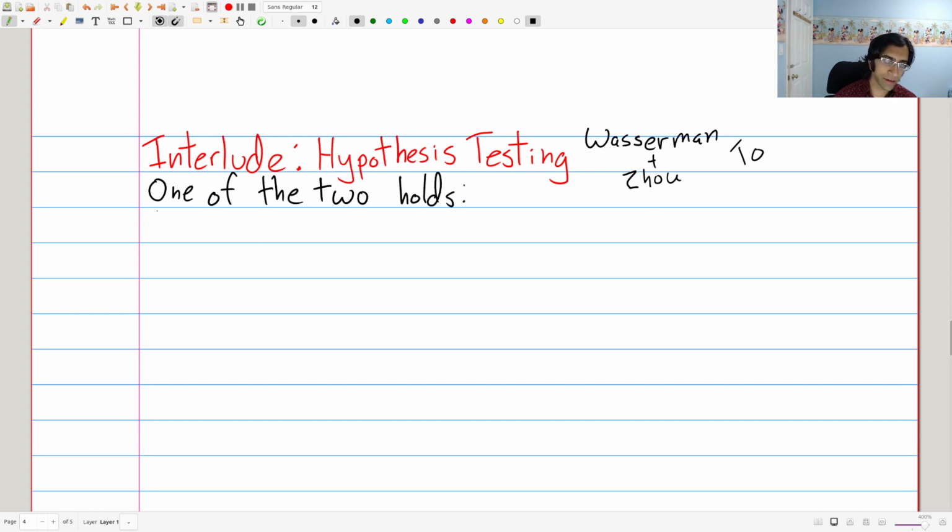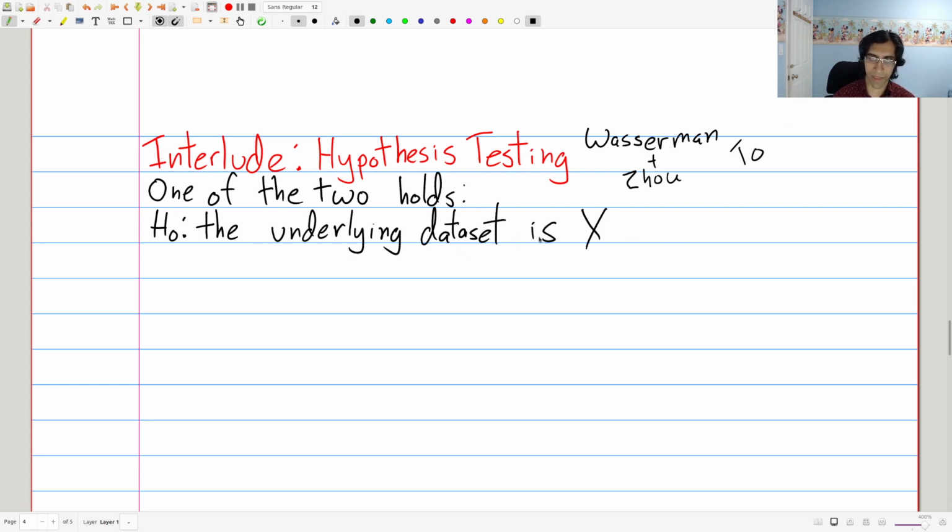We're told that either H0 holds, what's known in the business as the null hypothesis, saying that the underlying data set is, say, x. When I say the underlying data set, I mean whatever data set is fed into some algorithm M. And H1, also known as the alternative hypothesis, says that the underlying data set is x prime.